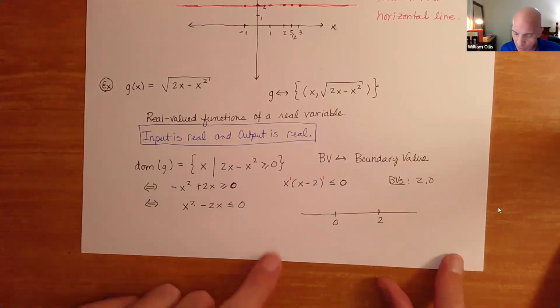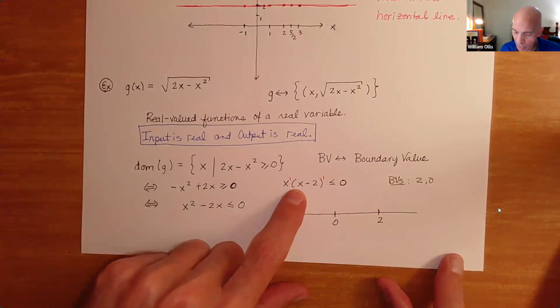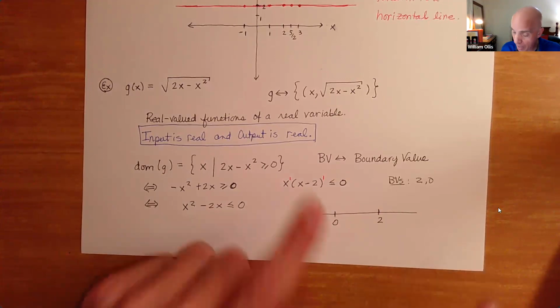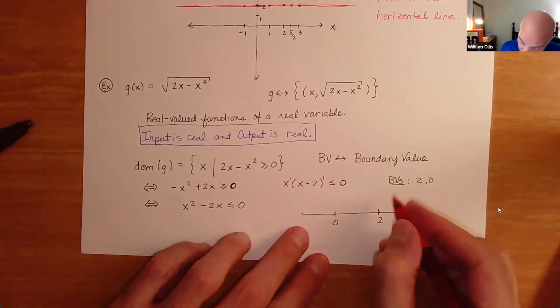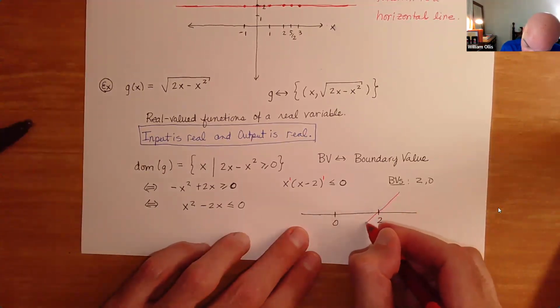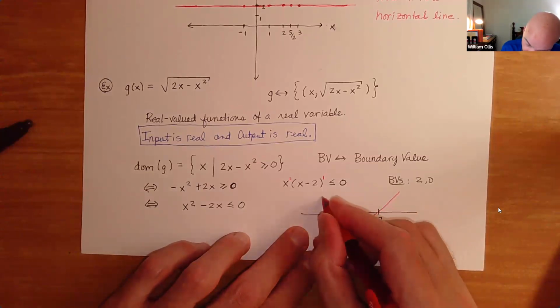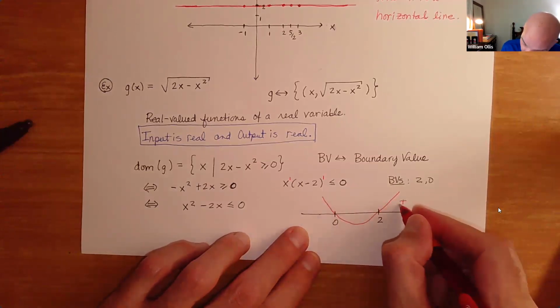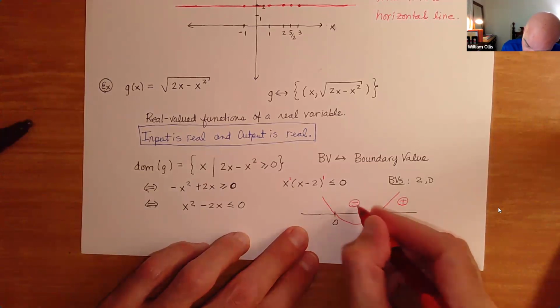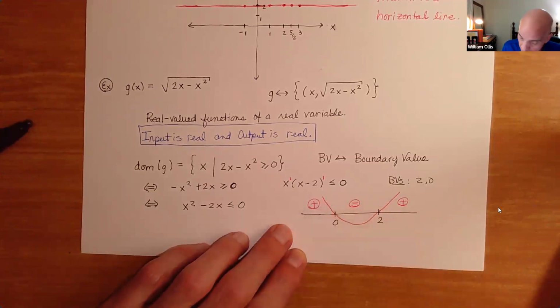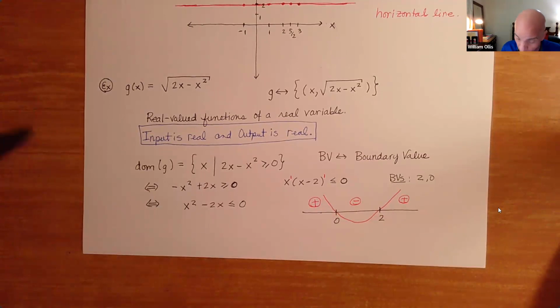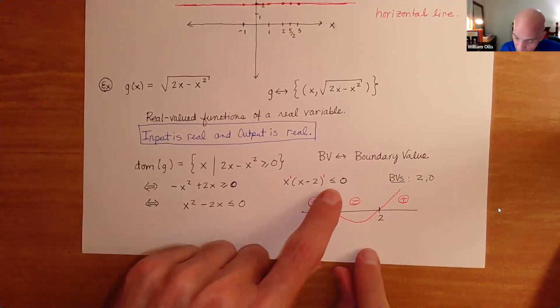So now, of course, if we were to replace x with a really, really large number like 100, this product would clearly be positive. So we can say plus, so we cross, we're negative, and then we cross again. So we have plus, minus, plus. Now, when we look at this, we need less than or equal to 0.